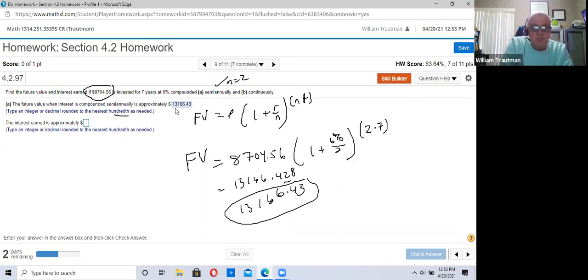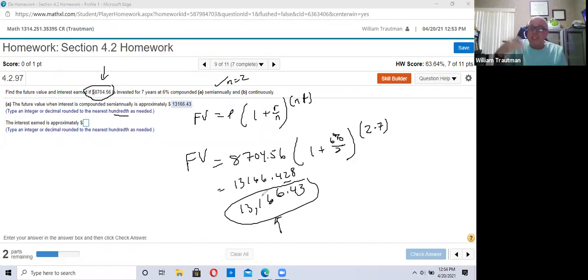Now it says the interest earned is approximately... Find the future value and the interest earned on the investment. You put this much in the bank, then at the end of 7 years, the bank gives you 13,000. You put in 8,700, but the bank gives you 13,000.